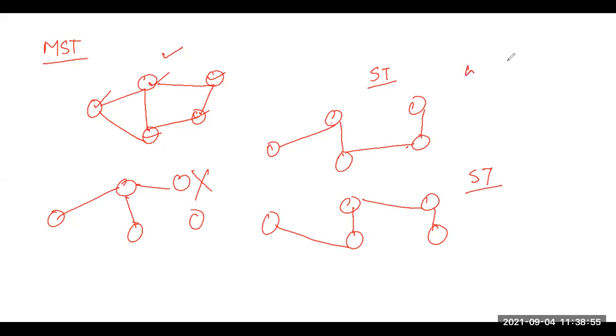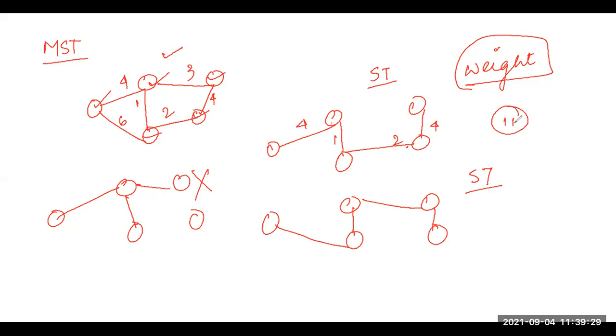Now, how do we find the minimum spanning tree? By looking at the weight assigned to each edge. Suppose these are the weights I am assigning to this graph. This spanning tree would have weight 4 plus 4, 8, 8 plus 3, 11.